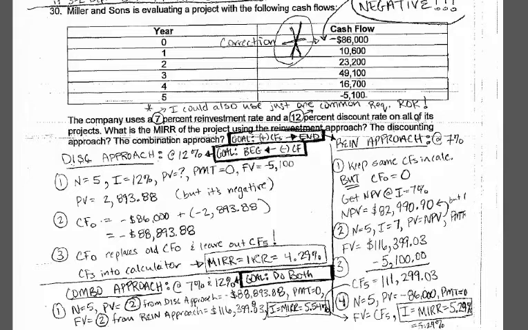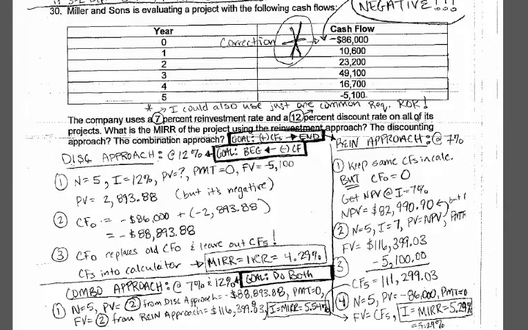So go ahead and put that in your calculator in cash flows after you've cleared out your cash flows. Put that in for cash flow 0, and then put the other 4 positive cash flows in. There won't be anything for cash flow 5, but you'll put the other 4 in. Now to figure out this modified internal rate, if you solve for IRR with those cash flows, you'll get the modified internal rate of return with the discount approach.